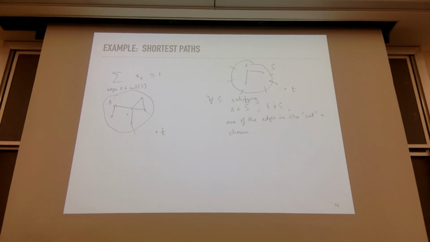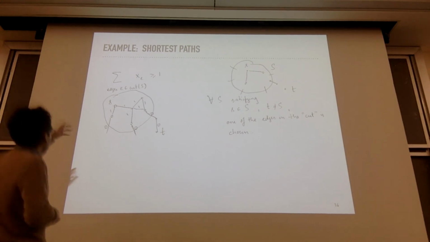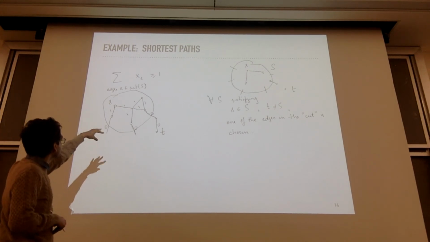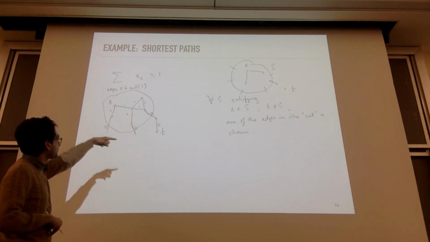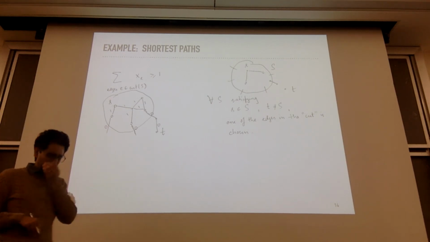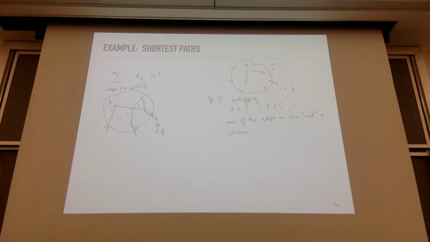So these are my 1 edges, and there are other 0 edges. So any set of edges where there is no path from S to T is ruled out by the inequality.